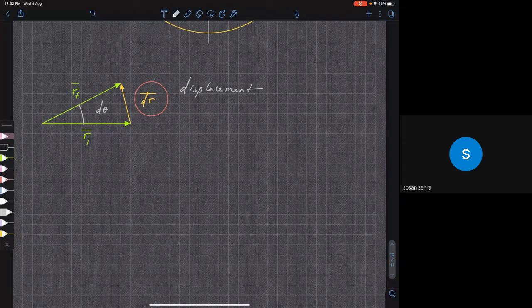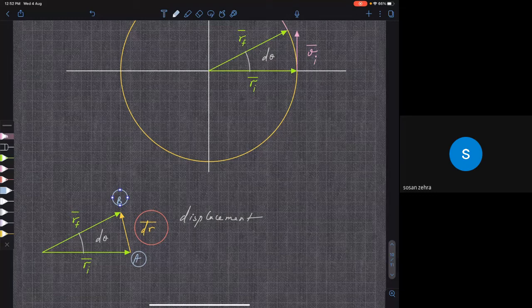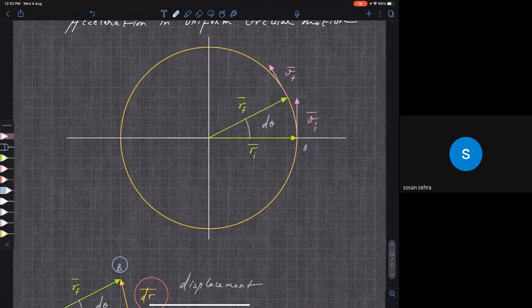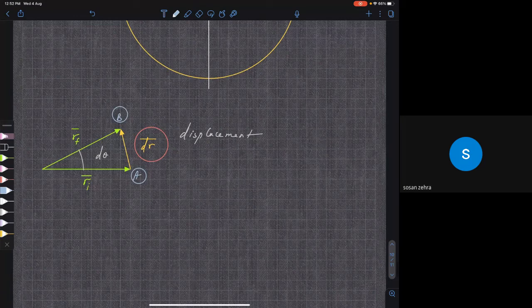देखो पार्टिकल पहले ए पे था फिर बी पे चला गया, तो ए बी क्या होगा? डिस्प्लेसमेंट होगा, है कि नहीं? ये पॉइंट ओ है, ऑरिजिन, ये पॉइंट ए है और ये पॉइंट बी है। डू यू अग्री? तो इनिशियल और फाइनल पोजीशंस के बीच में जो डिस्टेंस है उसको डिस्प्लेसमेंट बोलते हैं, और इट इज व्हाट? rf minus ri. Do you agree?